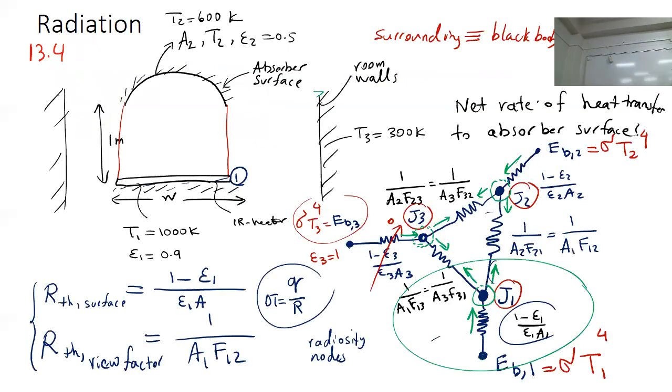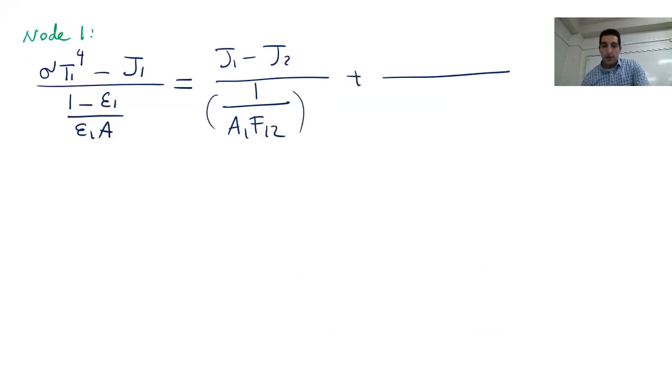J1 minus J3. Exactly. Divided by 1 over A1 F13, exactly the resistance in between. So this is the second component: J1 minus J3 divided by 1 over A1 F13, or reverse, A3 F31. Yes. So this is one equation.